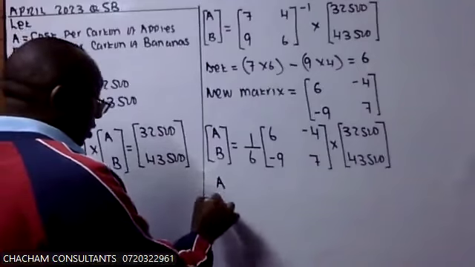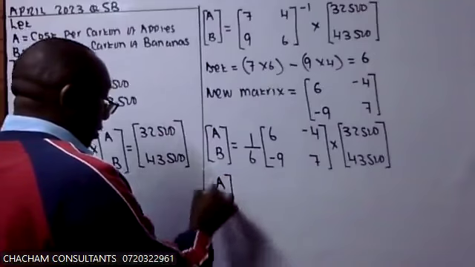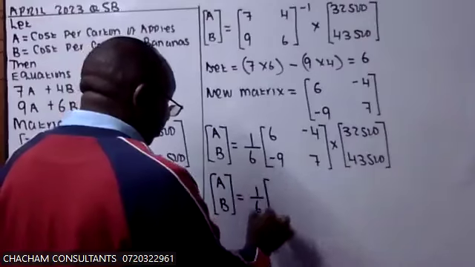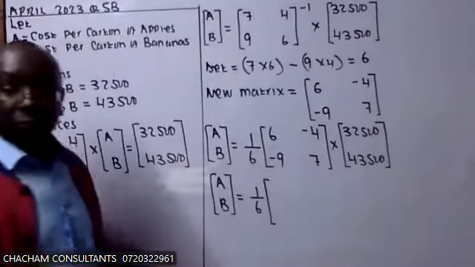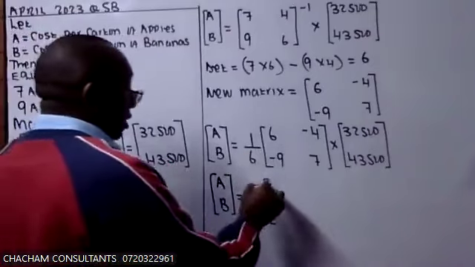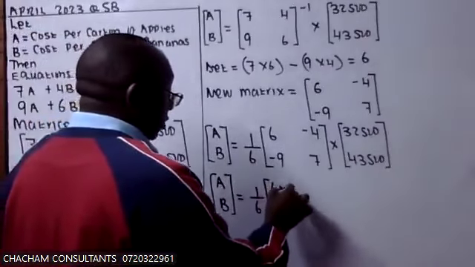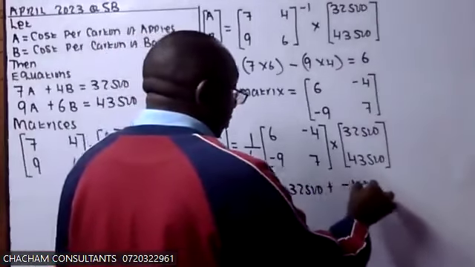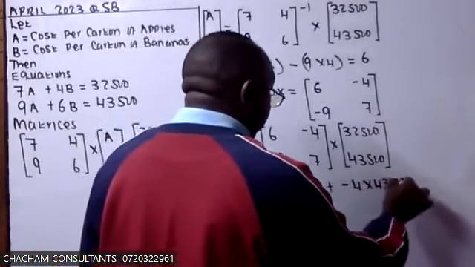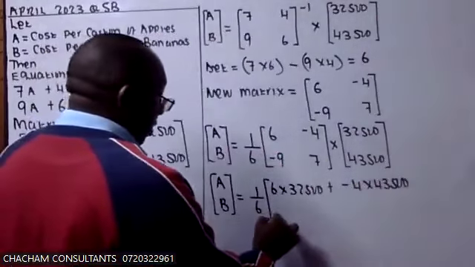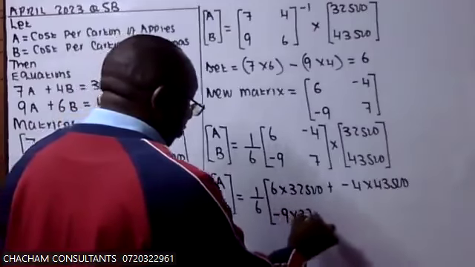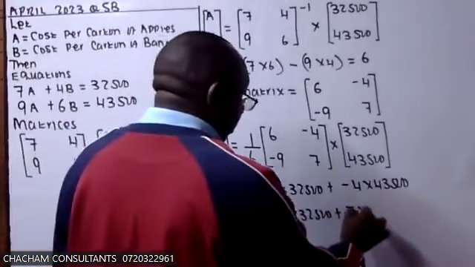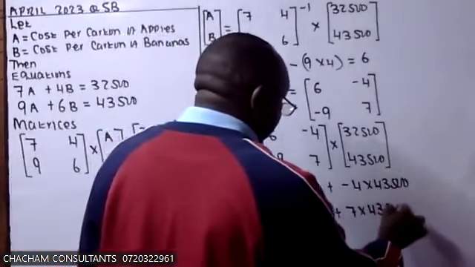So proceeding on, you get AB. 1 out of 6. So you now take 6 times that 2,500 plus minus 4 times 43,500. Then minus 9 times that 2,500 plus 7 times 43,500.